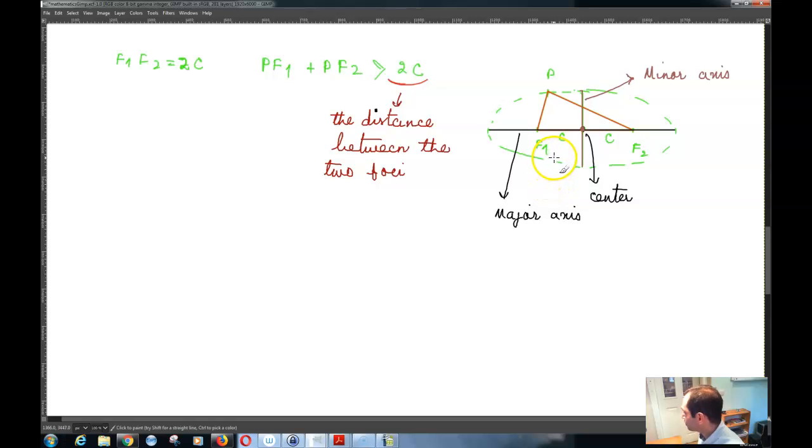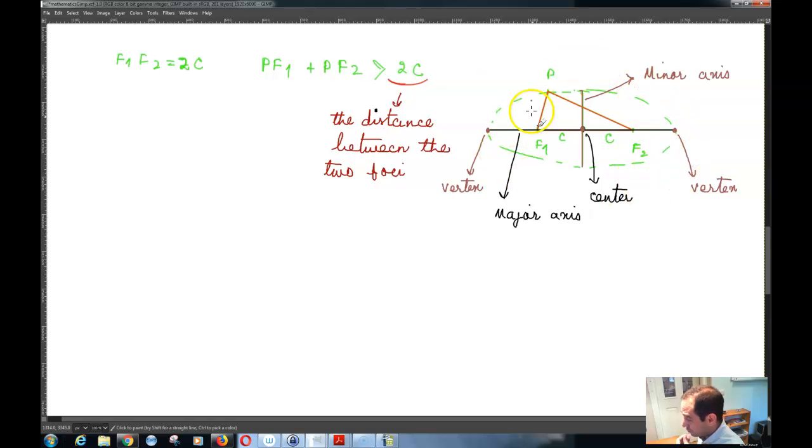The endpoints of the major axis are called the vertices of the ellipse. Since you have the major axis over here, the endpoints of the major axis that lie on the ellipse are called vertices. This is called a vertex of the ellipse. This is also called a vertex of the ellipse.